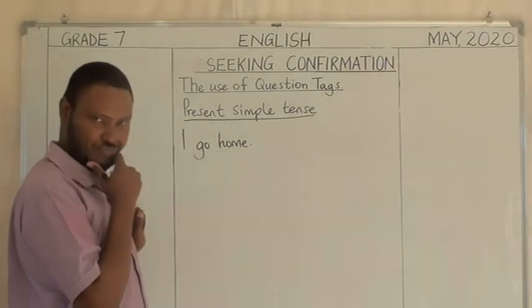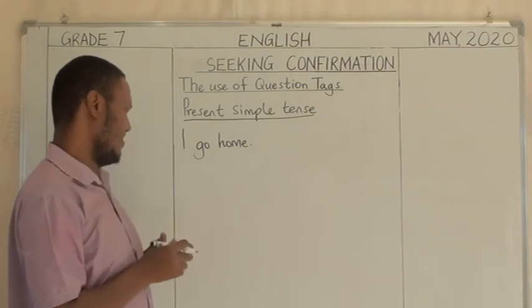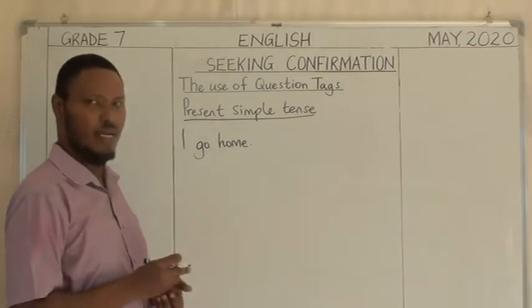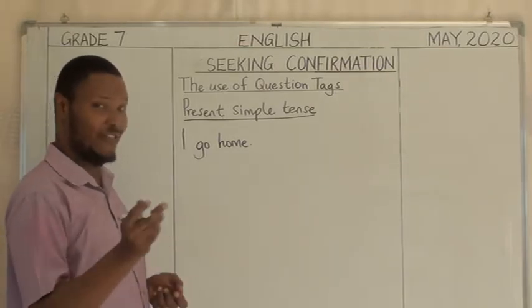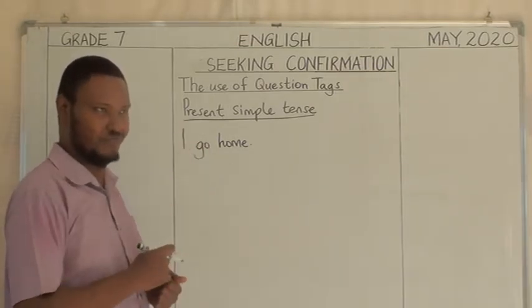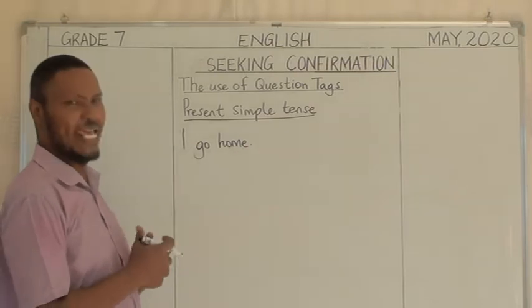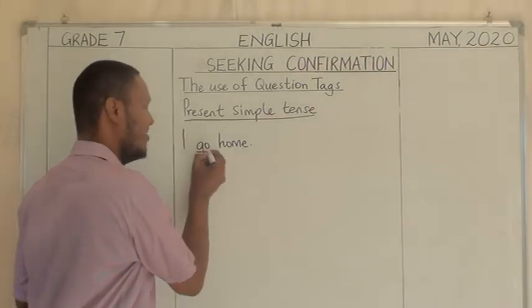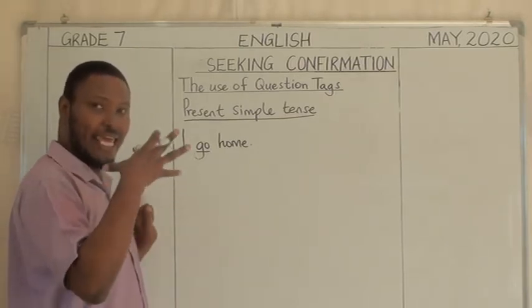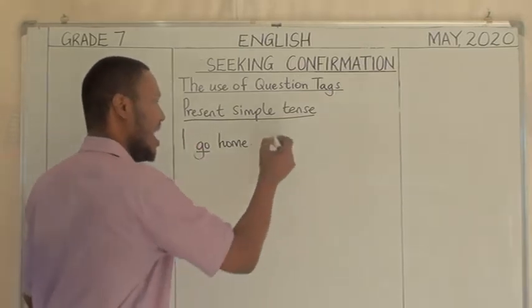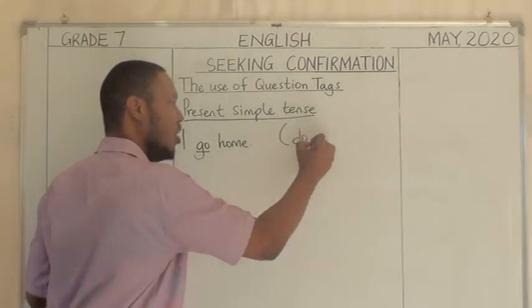So you may ask, how do you form a question tag in this? I've said you look at the helping verb. Which helping verb is used here? Because you can just see the main verb, I go home. Now, in the present simple tense, the helping verbs that are used are do or does.